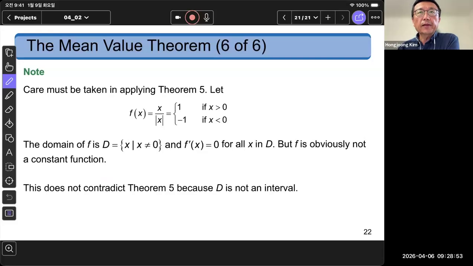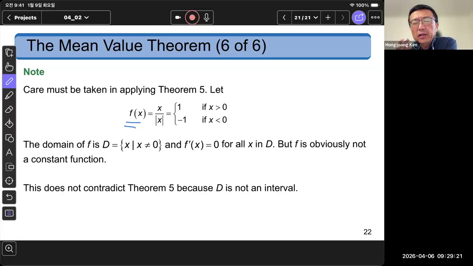Please note that if I consider this function f defined by x divided by the absolute value of x, and if x is 0, then the denominator becomes 0, and this f of x in that case cannot be evaluated. So the natural domain of this function will be the whole real line except 0.